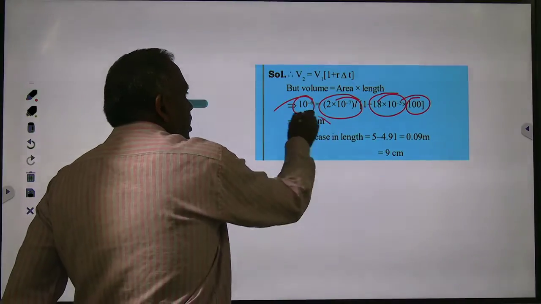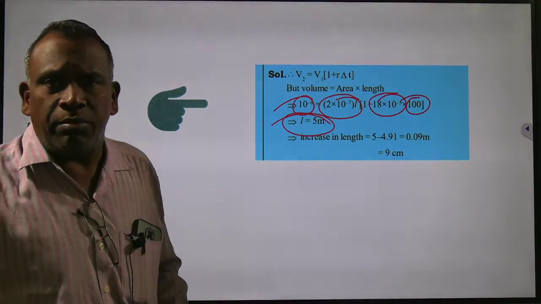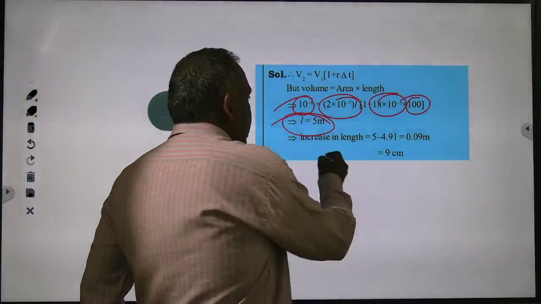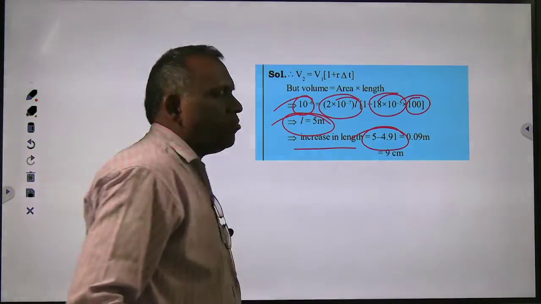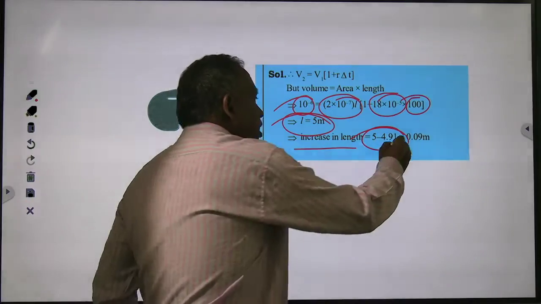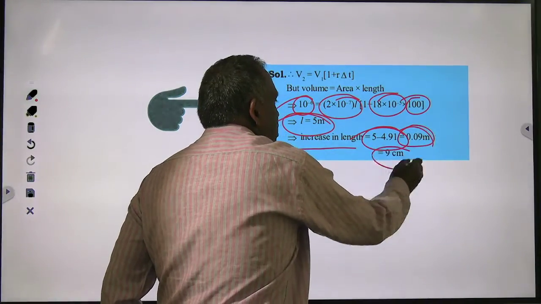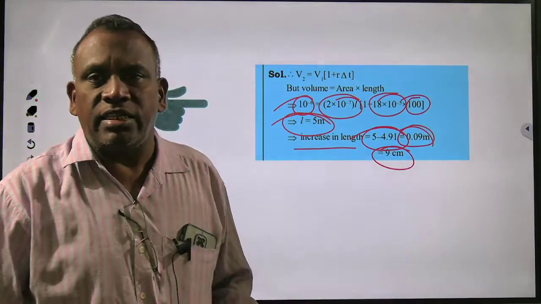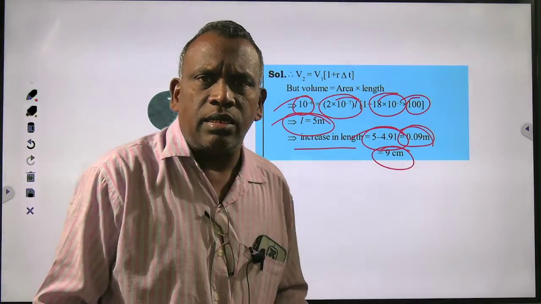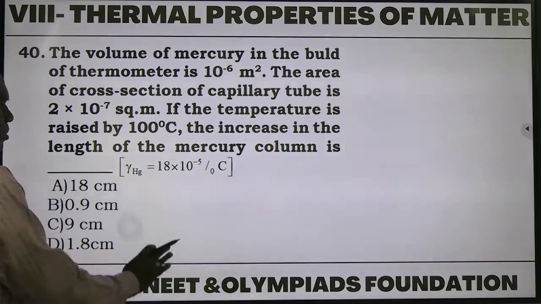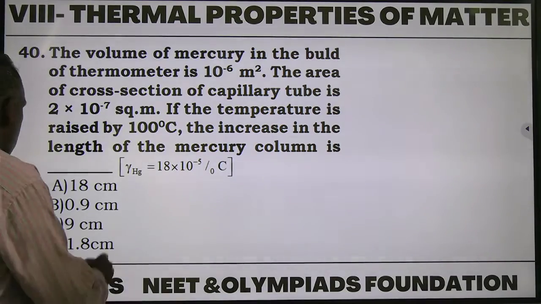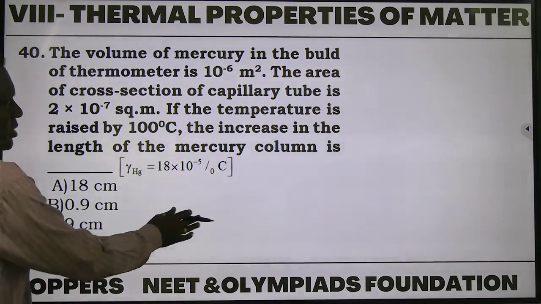If you simplify the length, you get 5 meters. The increase in length is 5 minus 4.91, that is 0.09 meters of mercury expanded inside the thermometer. So 9 centimeters is the answer, option C.